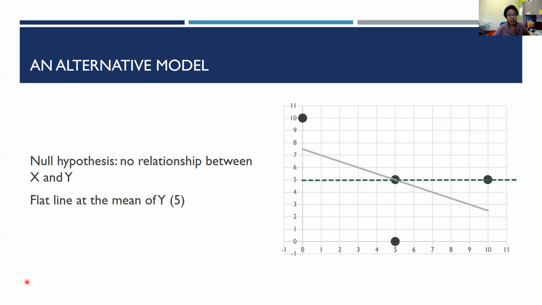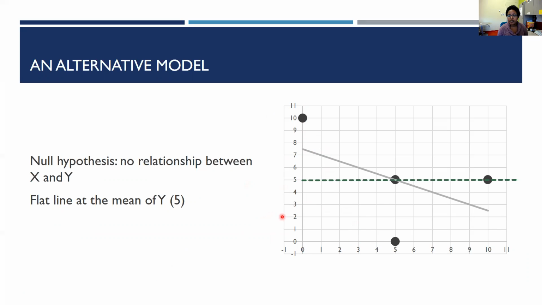All right, so if our null hypothesis is there's no relationship, what that means in this case when we have two variables is that we only have information about one of those variables, our dependent variable, which in this case is our quiz grade. So if we wanted to guess for all 4 of these students what their quiz grade was, but we only had access to their 4 quiz grades, we would guess that everyone scored the mean. It's usually in the middle of the distribution, so we want to guess the mean.